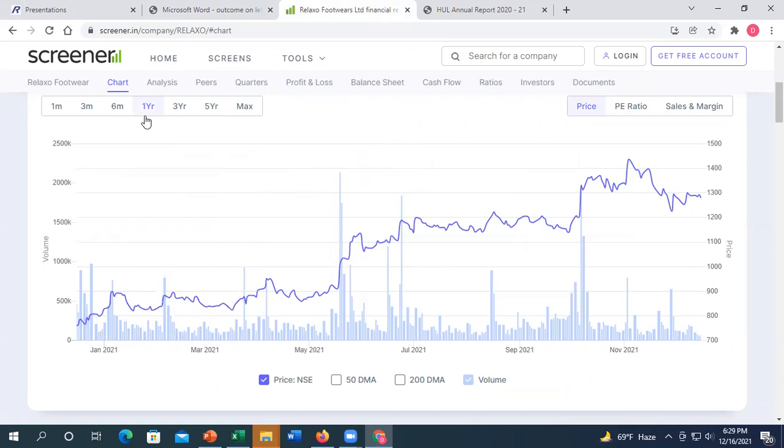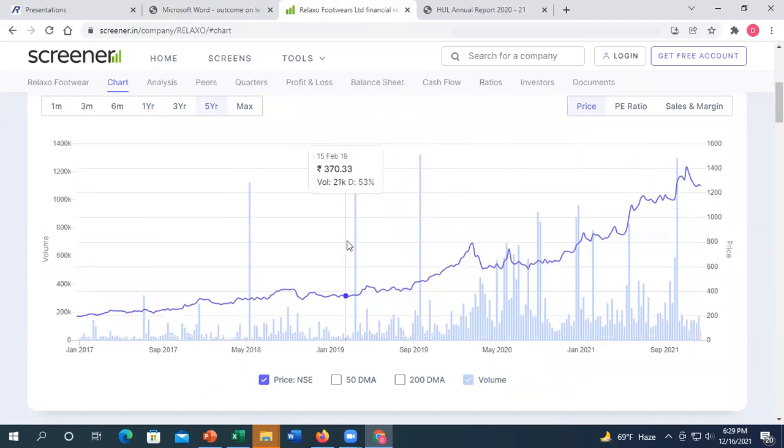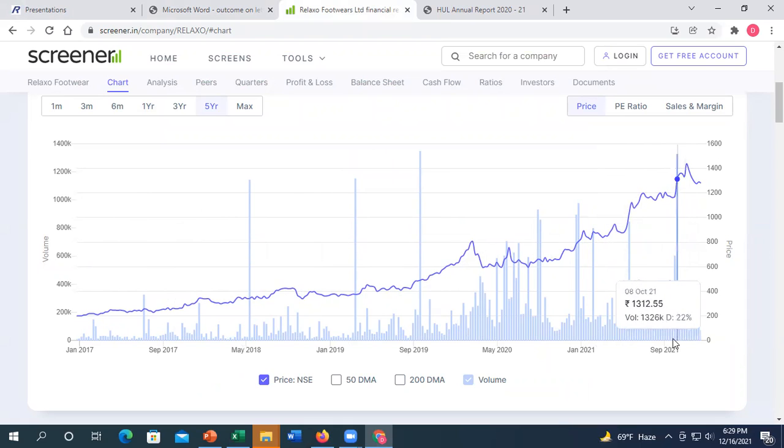And this is not just the case with 1 year. If we take a window of 5 years also, we can see that the price has gone up from 199 in 2017 to 1,279. So the market has also been bullish.